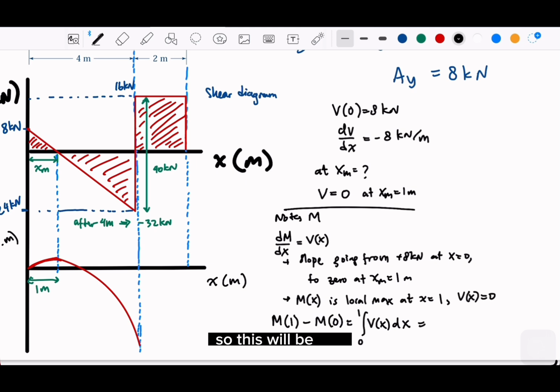So this will be half. The Vx is what? The negative 8x, so half times 8 kilonewton, and then 1 meter. So it's going to be 4.